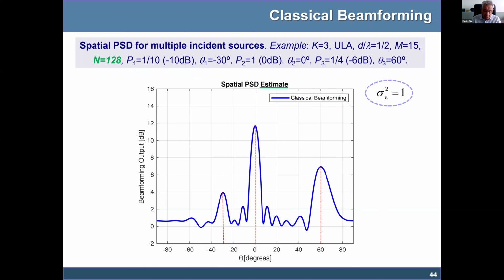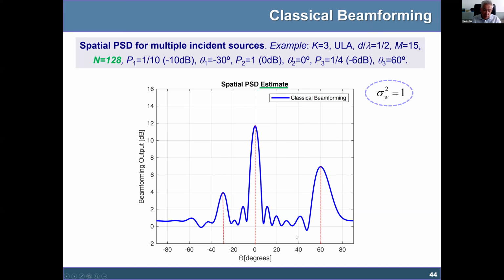Now remember, the figures that I showed you before are for N that goes to infinity. In practice, we have to estimate the spatial power spectral density, and we use N snapshots. So this is what we get, for example, if the noise power is 1, and we can collect 128 snapshots.